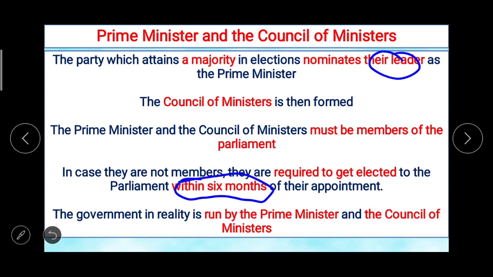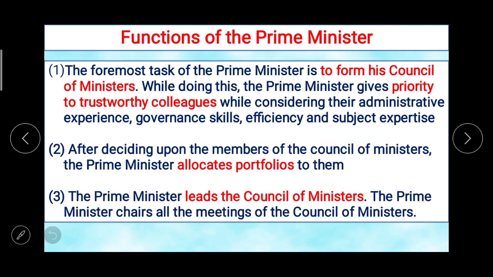The government in reality is run by the Prime Minister and the Council of Ministers. What it exactly means, that we see the functions of the Prime Minister. The foremost task of the Prime Minister is to form his Council of Ministers.